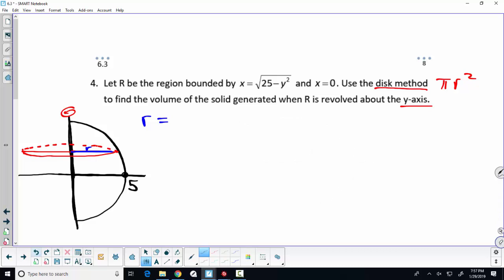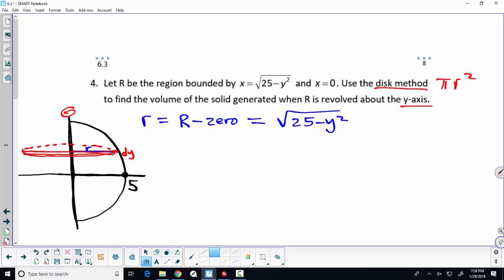So the radius element running this way, horizontal element, it's the right minus the left. So it's function minus 0. Is that function how we need it to be? 25 minus y squared? Yeah, because our rectangles are running horizontally, which means they have a thickness in the y direction. So this is also telling us that this is our rectangle, thickness dy.